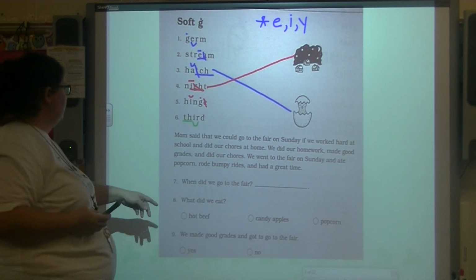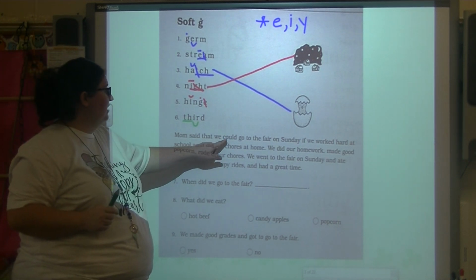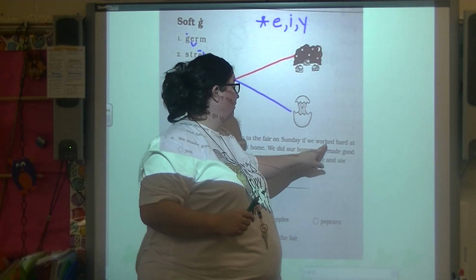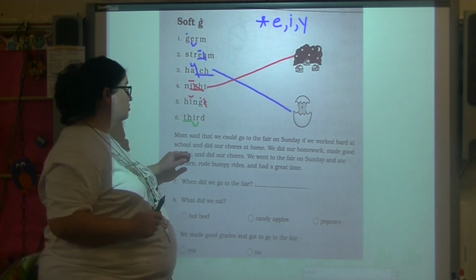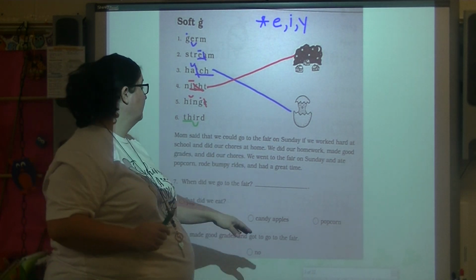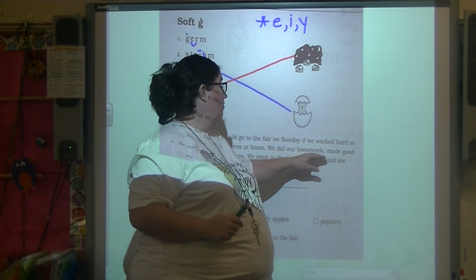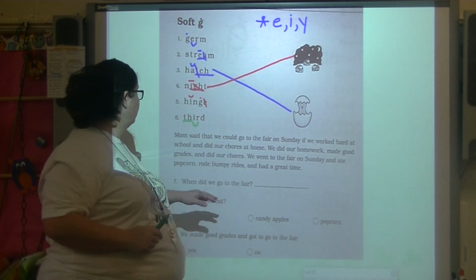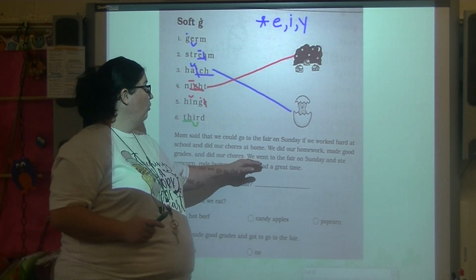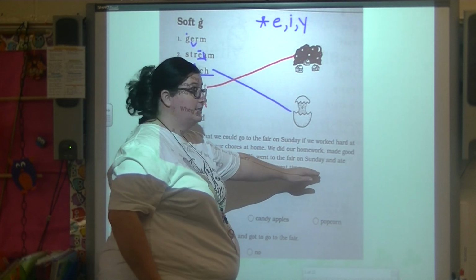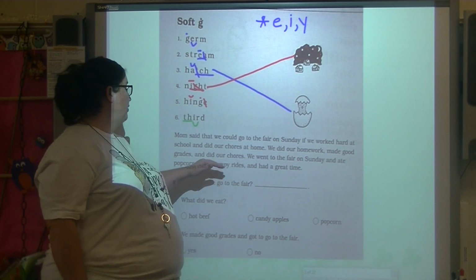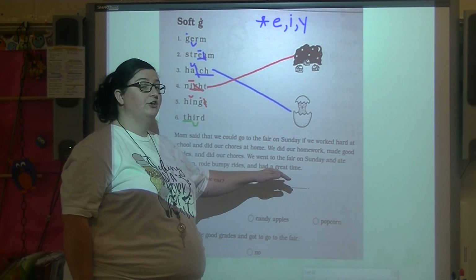All right, now let's read. Mom said that we could go to the fair on Sunday if we worked hard at school and did our chores at home. We did our homework, made good grades, and did our chores. We went to the fair on Sunday and ate popcorn, rode bumpy rides, and had a great time.